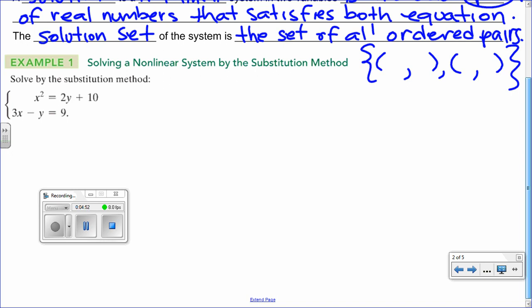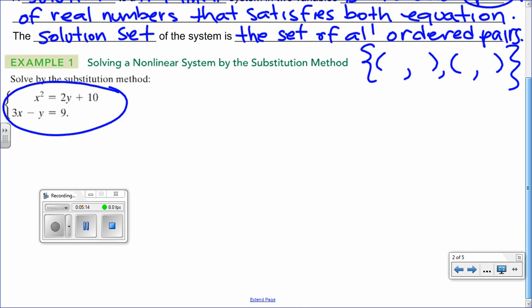Would the top one be a parabola and the bottom one a line? Correct. Very good. That's true.